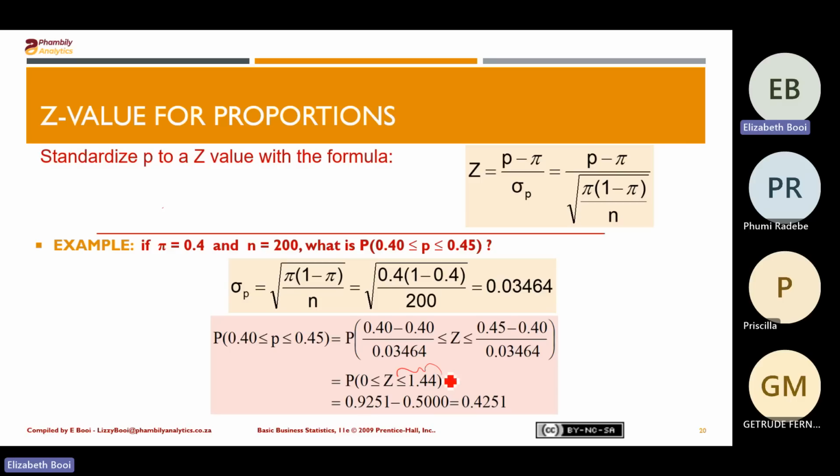So the 1.44 Z value corresponds to a probability of 0.9251, and the Z of 0.00 corresponds to 0.5, and you find the probability is equal to 0.4251. And that's how you will find the probabilities on the table.